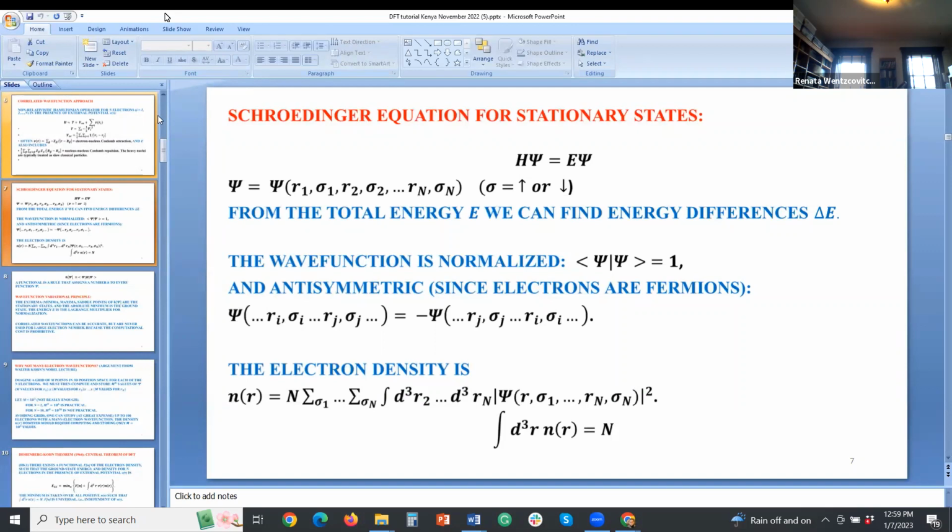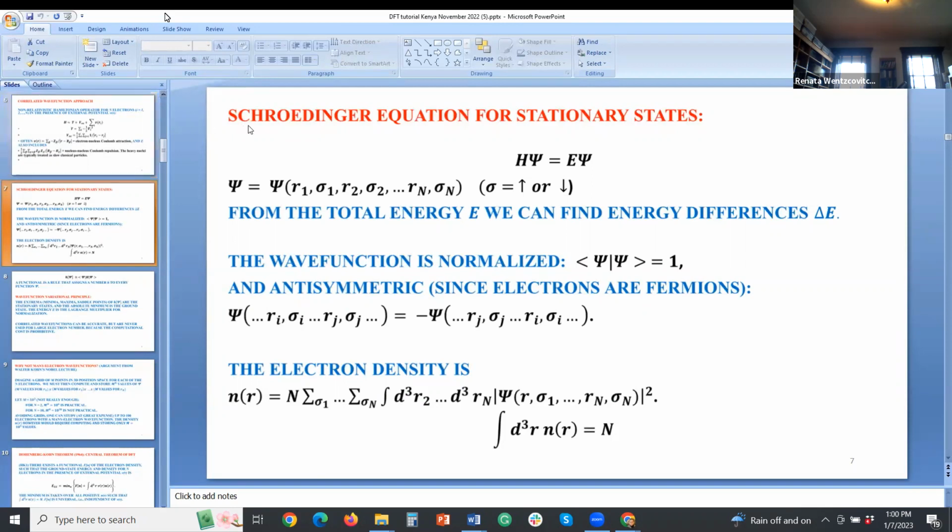That means that if I interchange the labels, the positions and coordinates of electron i and electron j in the wave function must change sign. And the only physically allowed wave functions are, in fact, anti-symmetric ones for electrons. So the only solutions of that Schrödinger equation that are physically meaningful are the anti-symmetric solutions.